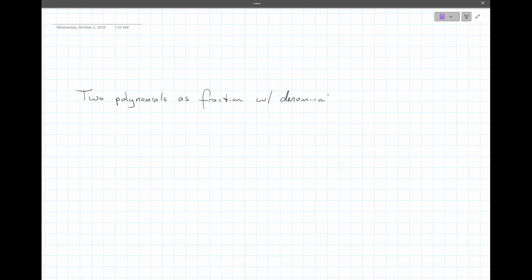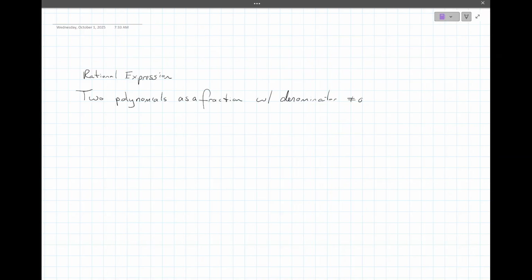That's our definition of a rational expression, right? Two polynomials as a fraction with the denominator not equal to zero.